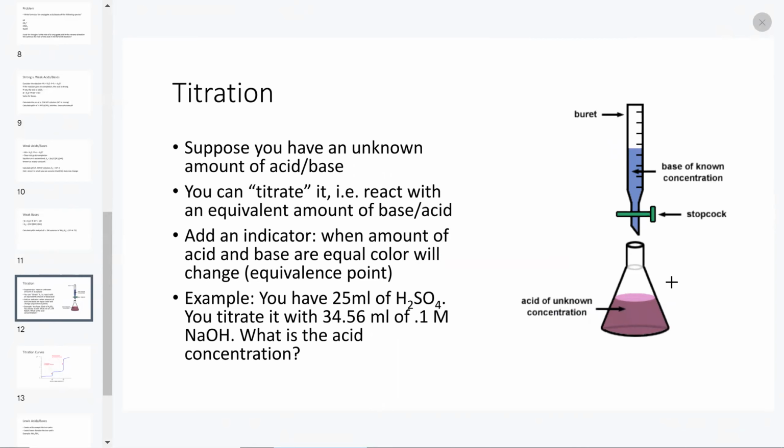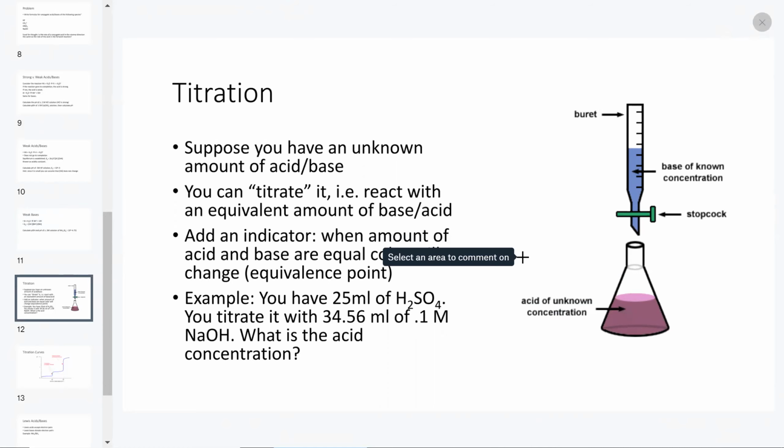When the amount of acid and base is equal, you have a very rapid color change at what's called the equivalence point. Here, this is a little bit past the equivalence point. The ideal color is a very, very pale pink. This is more of a dark pink, so it's not good technique. Whoever did this drawing did not have good technique.